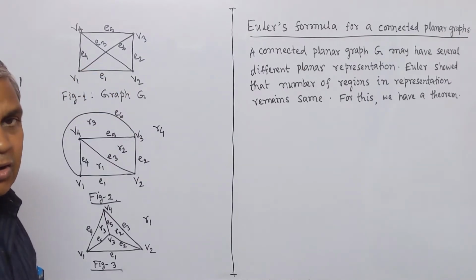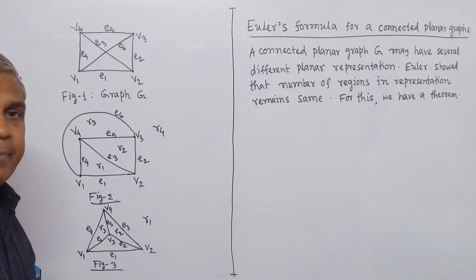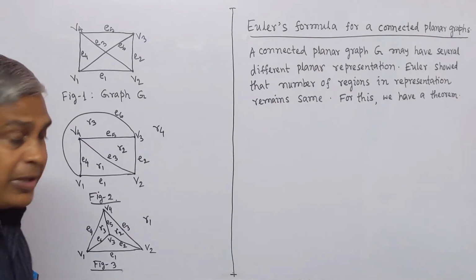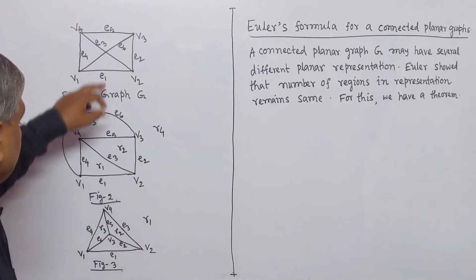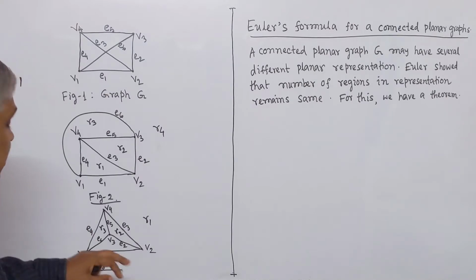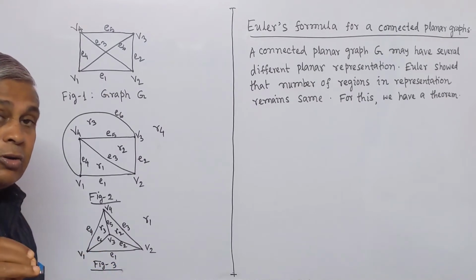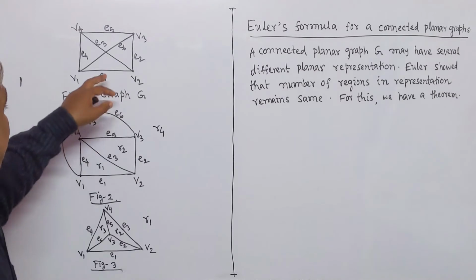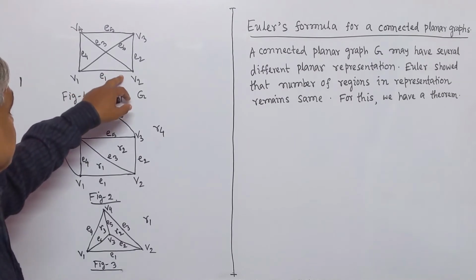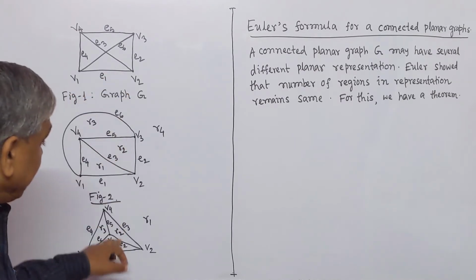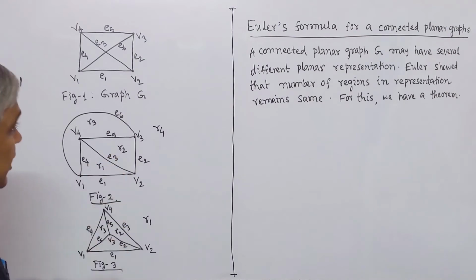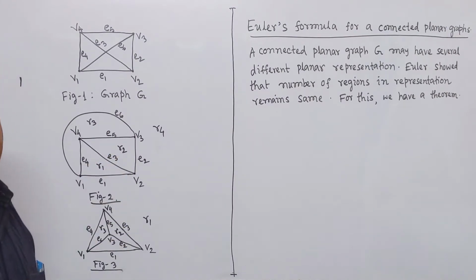That means we may have planar representation of this graph in figure 2 and figure 3. Therefore, for a given graph, we get here two types of planar representations.